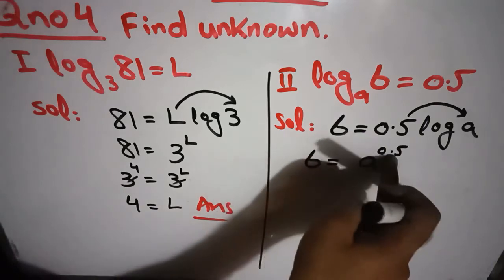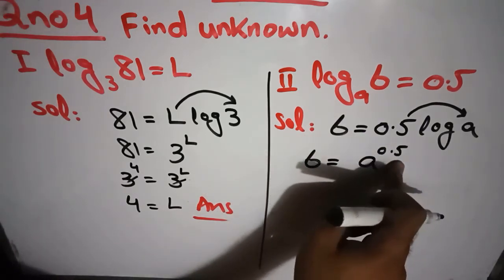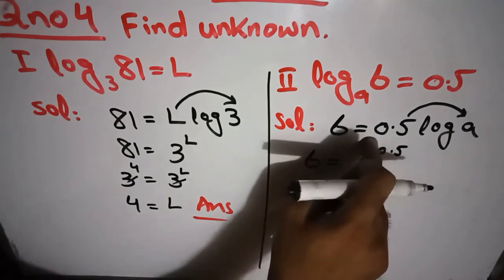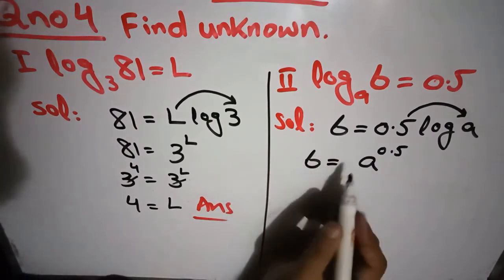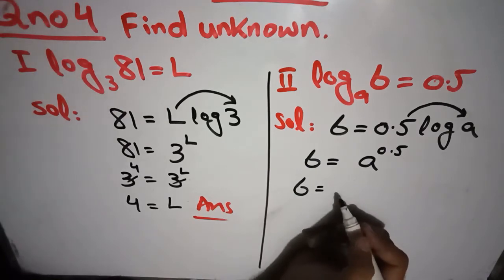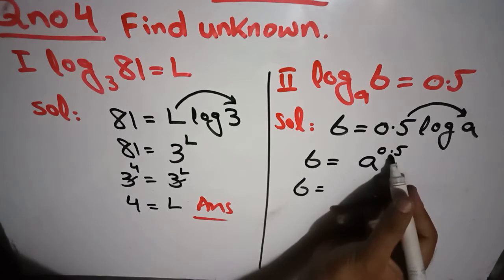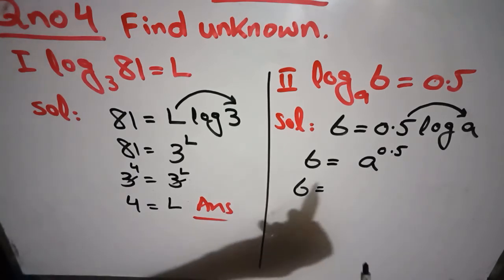When you write this, the log will disappear, because the property of log is used. Now you have to decide how to solve it. You will solve it by the method that I have told you in the previous question.